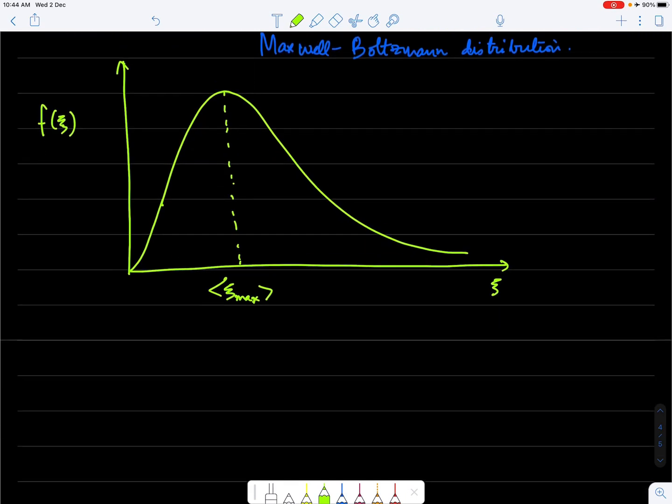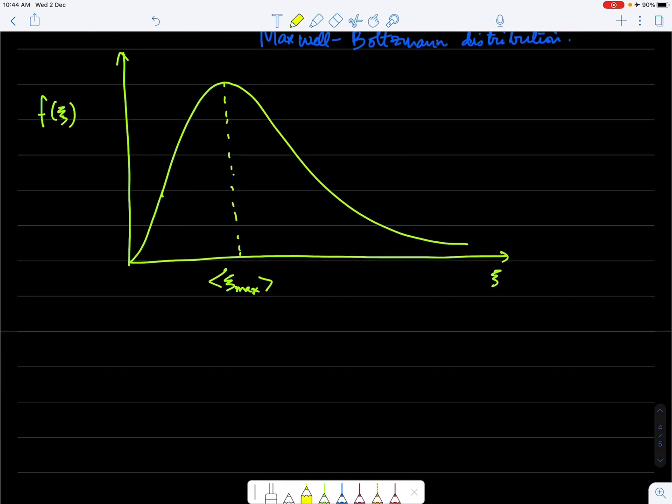And more significantly, if you calculate the expected value of ξ, which would be the integral from 0 to infinity of ξ f(ξ) dξ, this again you can do using integration by parts and the identities that I have already shown you.